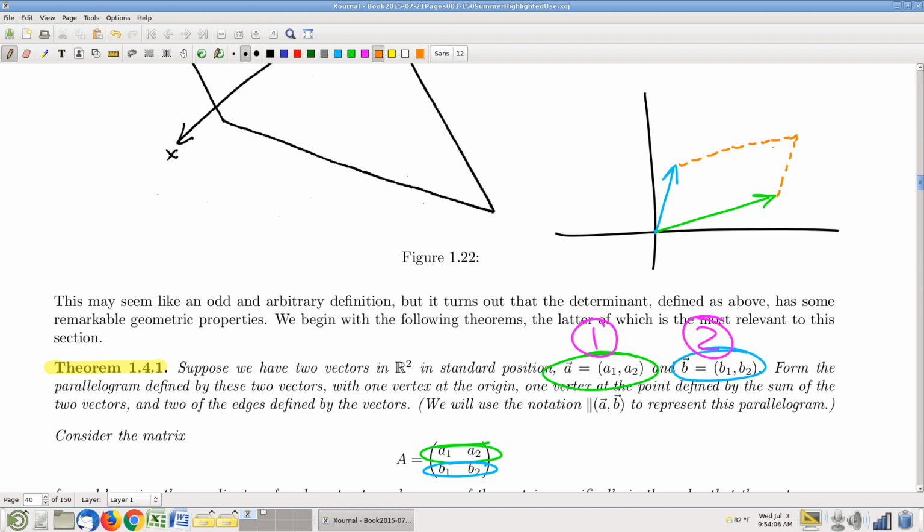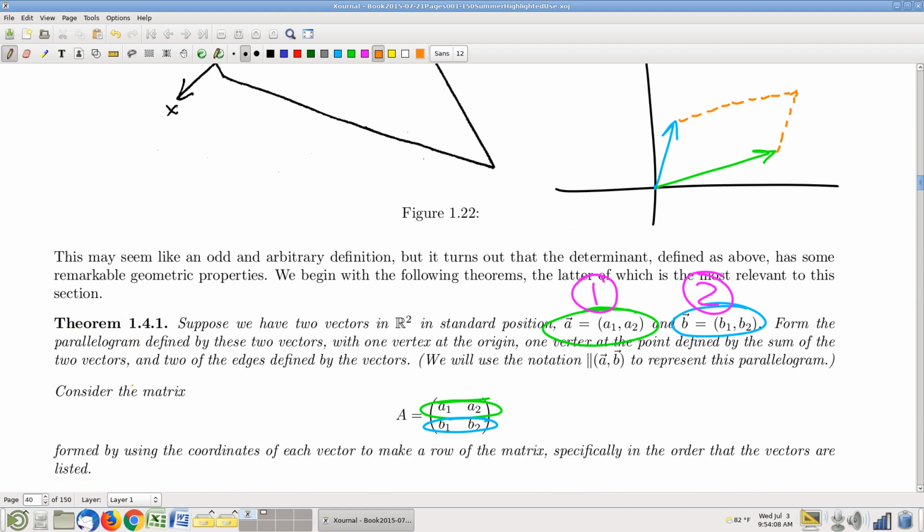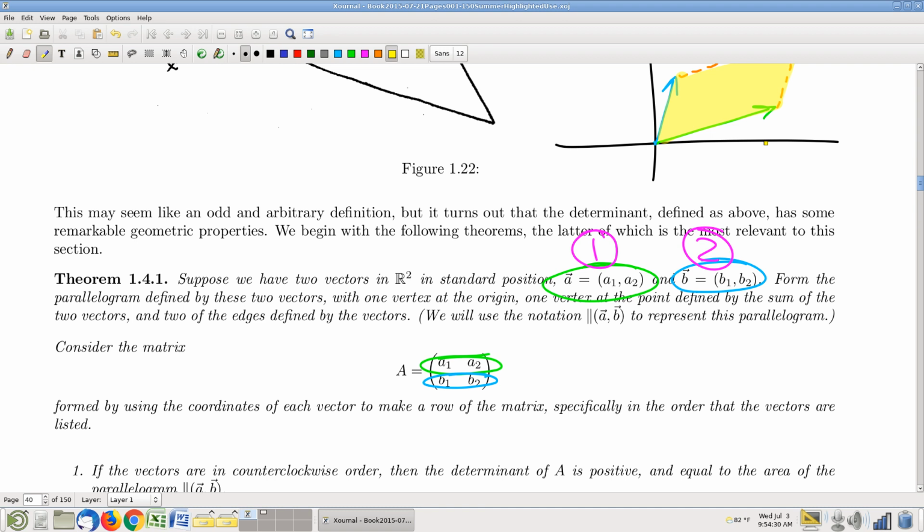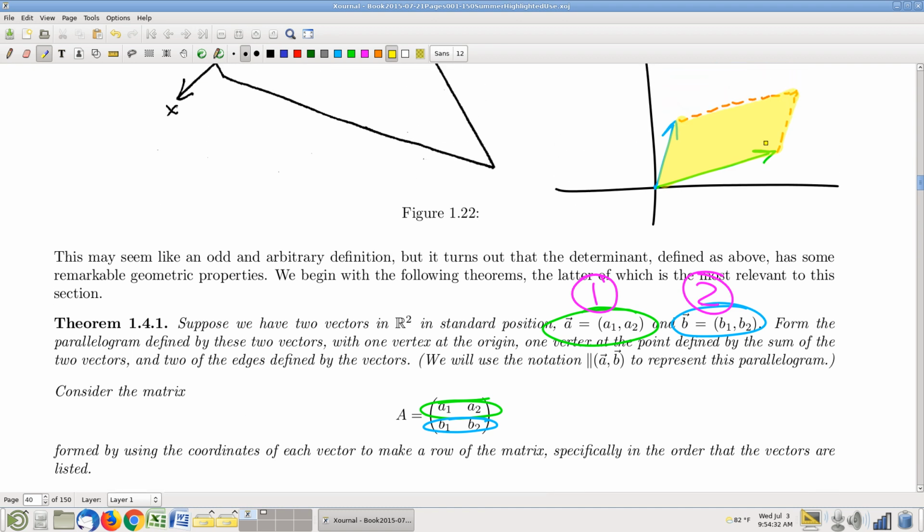And here's the shocking fact. I'll do this geometrically before I write it algebraically. The area of this parallelogram relates to the determinant of the matrix. Let me just circle the determinant of that matrix.